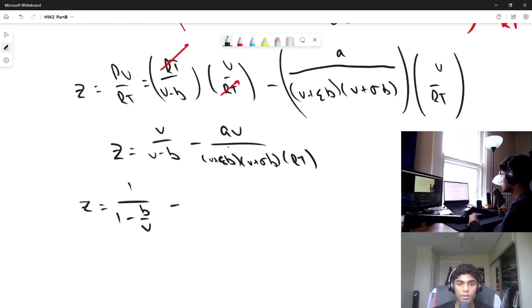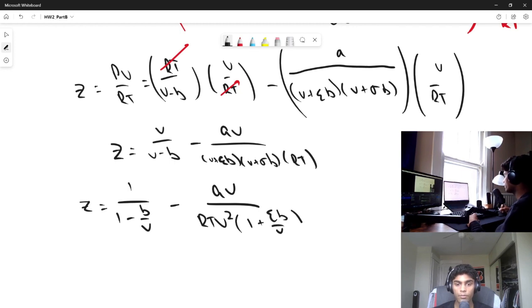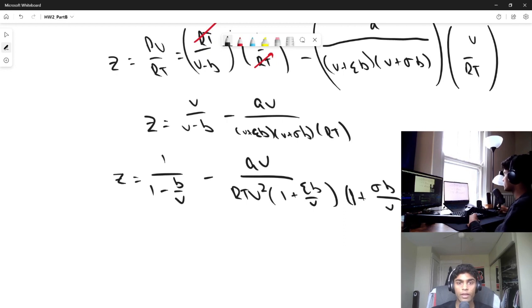And minus, what we can end up doing is pull out these V's here. So we get aV over, pull out a V here, pull out a V here, we get a V squared. So it's going to be RTV squared times 1 plus epsilon b over V, and 1 plus sigma b over V. And then we can go ahead and cancel out these V's, and so this is just going to be to the first power.